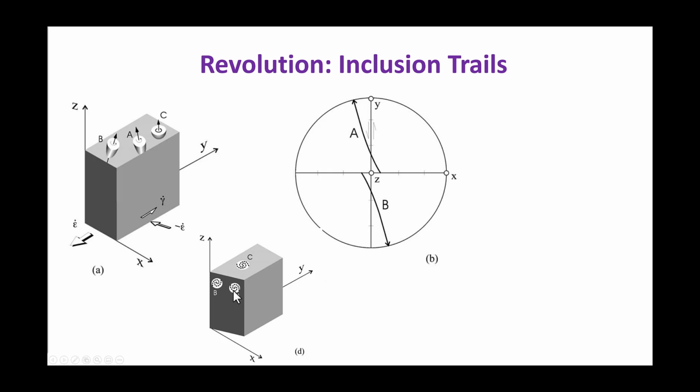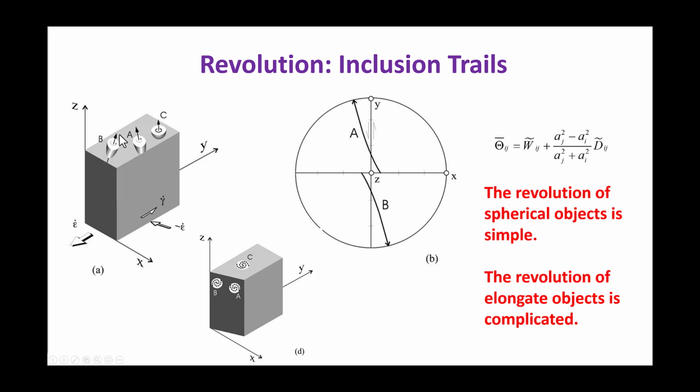However, the senses of rotation of A and B are opposite, even though the flow is the same and the object shape is the same. From this simple example, we understand that the inclusion trail geometry will be very, very sensitive to the initial conditions of the object if the object is not a spherical one. And we can understand this from the angular velocity expression of Jeffery.